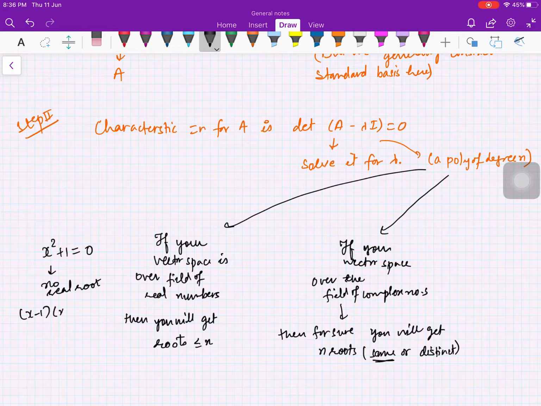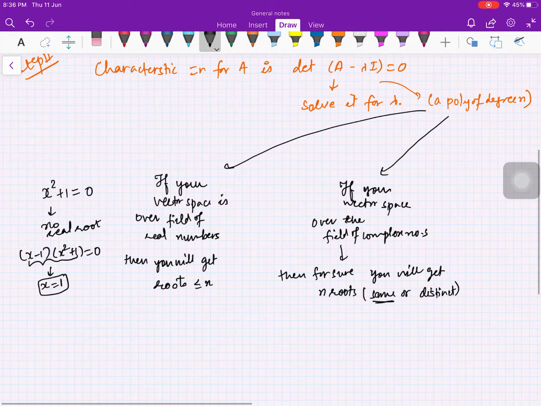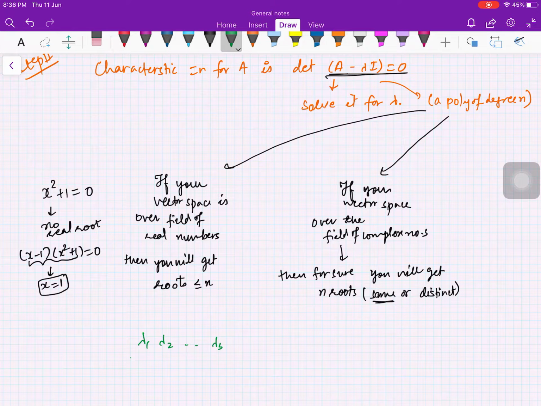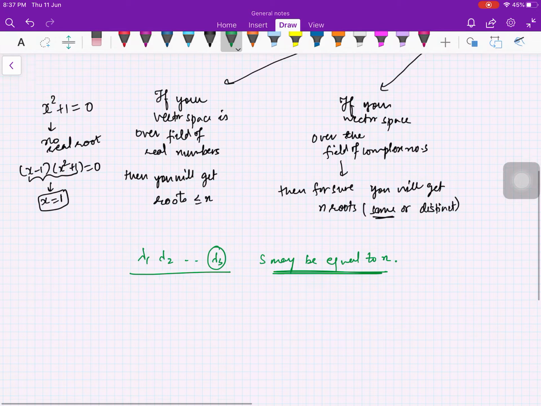If your polynomial looks like (x minus 1)(x square plus 1) equal to 0, then although this is a polynomial of degree 3, there is only one real root. So from solving this equation you get the roots, say lambda 1, lambda 2, up to lambda s, where s may be equal to n, depending on what type of polynomial you get and what field you are working on.